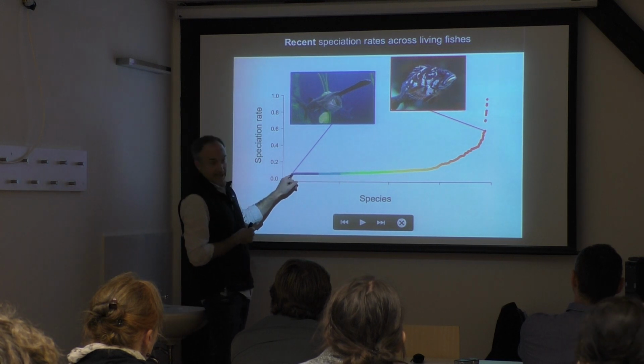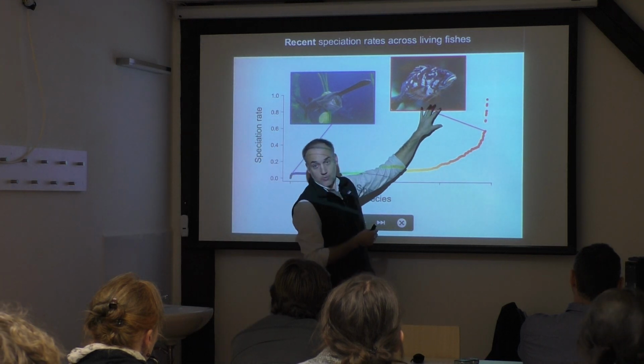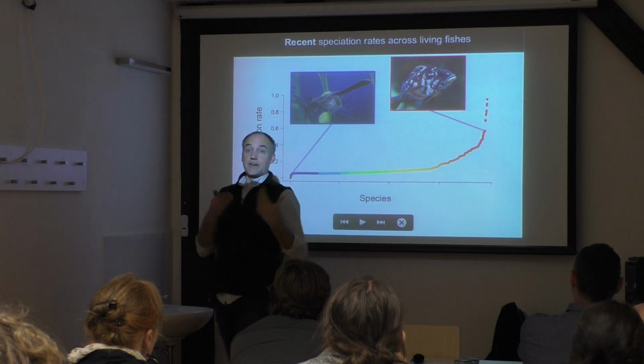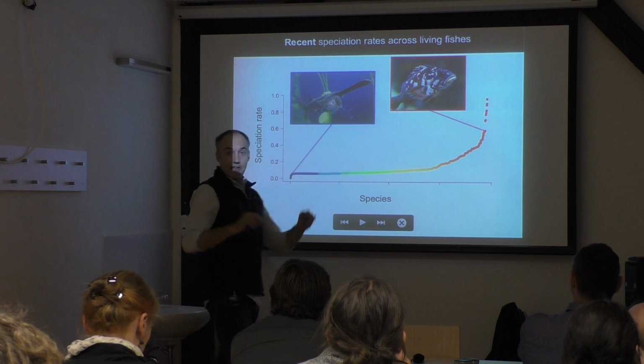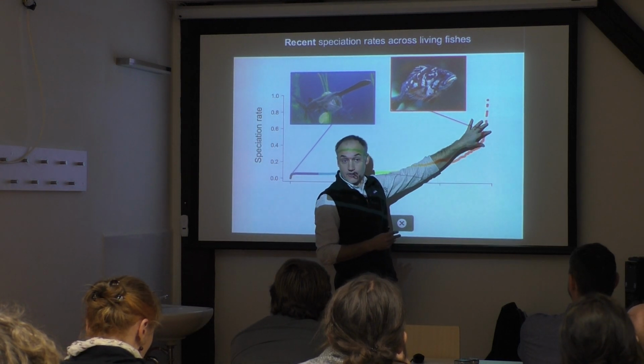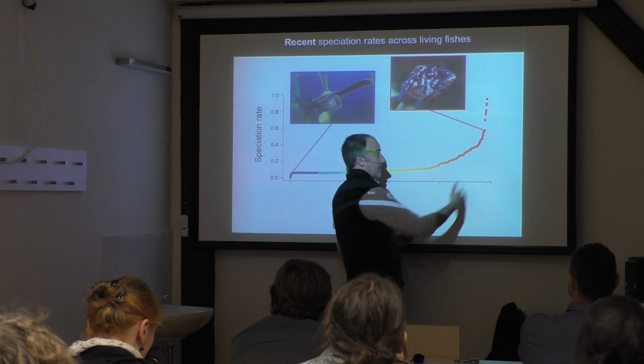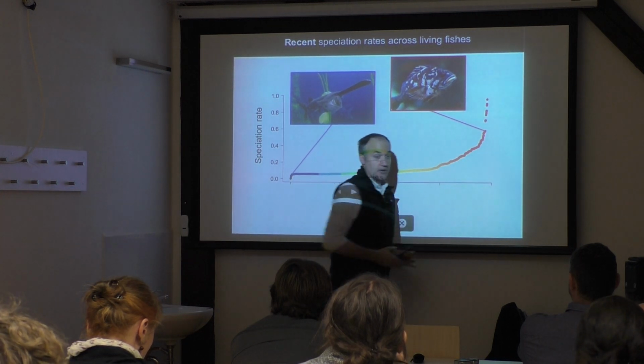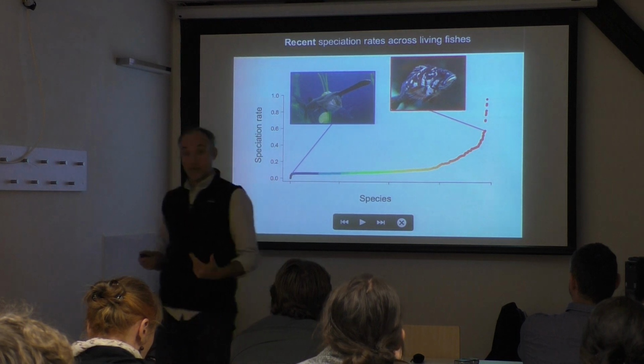They have very slow rates of speciation. Then you have things like these rockfishes from the Pacific Ocean, which have very fast rates of speciation. Other famous clades like cichlids would sit over here, if you're wondering. In fact, a substantial chunk of this fast rate part of the curve would be cichlids from East Africa.